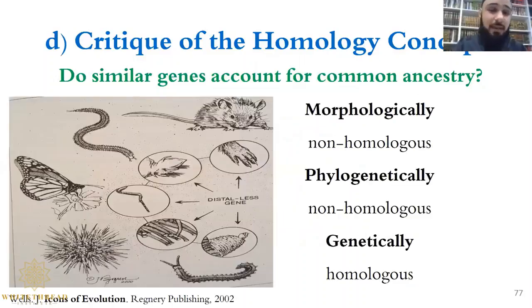So here is a limb patterning gene called the distalless gene. You can see I've pointed arrows at different types of structures it produces. The only argument I want to make here is that this gene is homologous. It's the same gene, distalless, but it produces morphologically dissimilar, non-homologous features. So that's one argument.